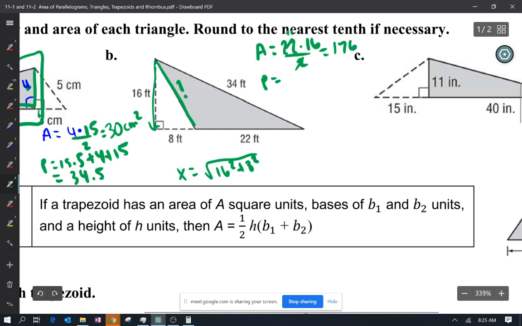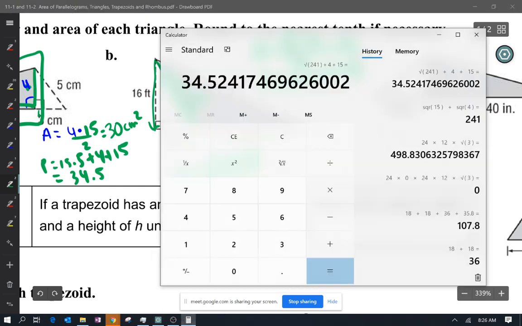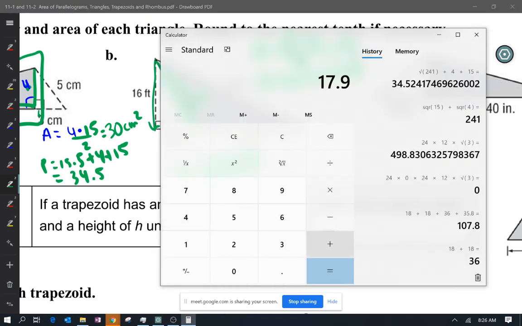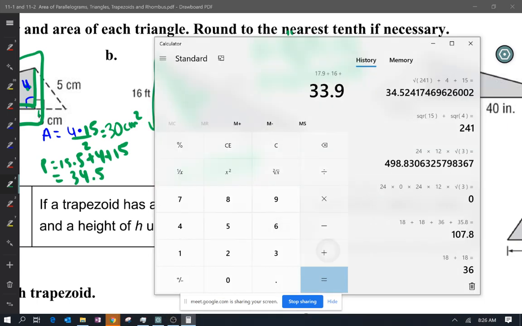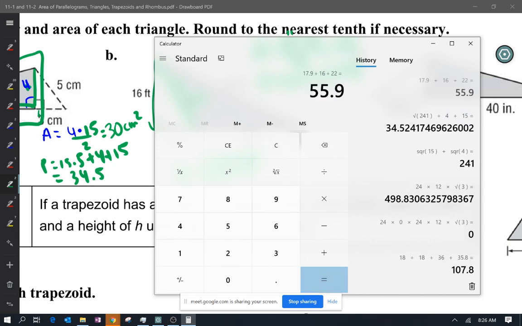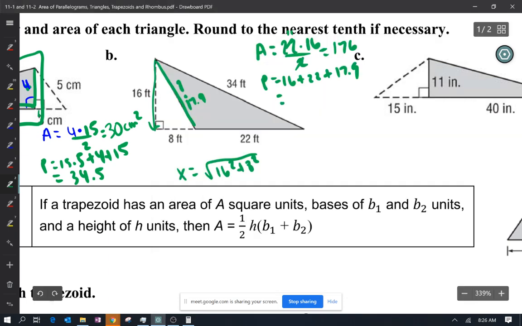So this is 17.9 using the Pythagorean theorem. Okay, so the perimeter is going to be 16 plus 22 plus 17.9. So 17.9 plus, what did we say, 16 and 22? 55.9.